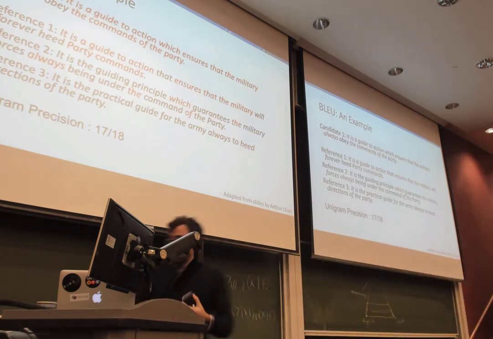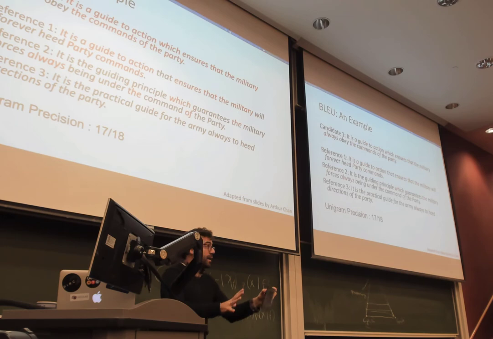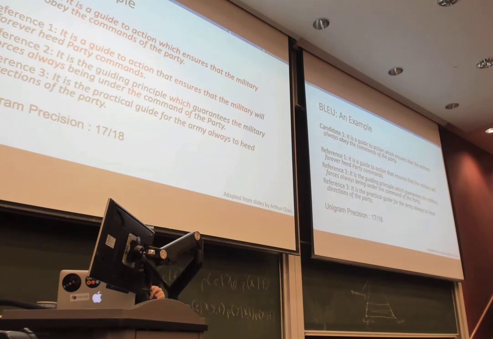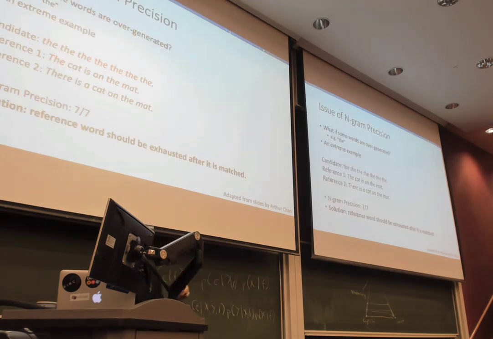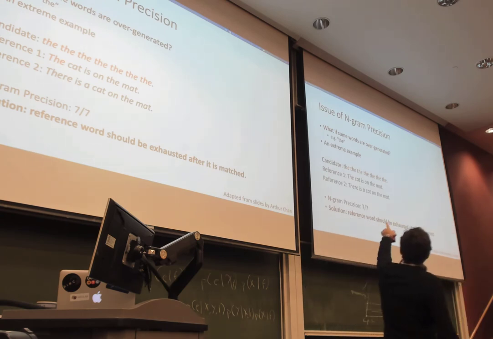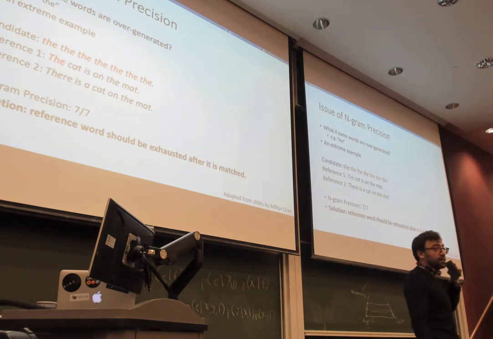That's the core idea behind BLEU: you do that for unigrams, bigrams, trigrams, and 4-grams, and you get an average over them. However, there are issues with n-gram precision. Let's see an extreme example. Say we have these 2 references: the cat is on the mat, and there is a cat on the mat.